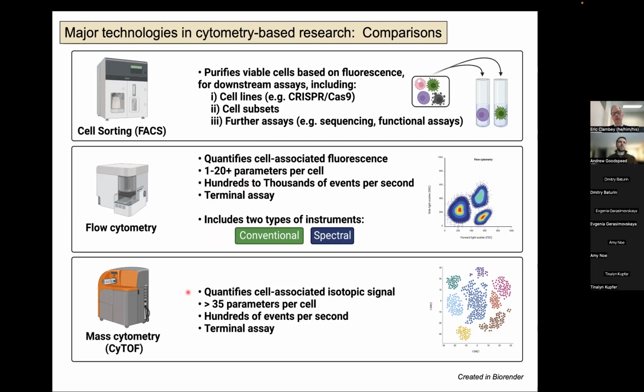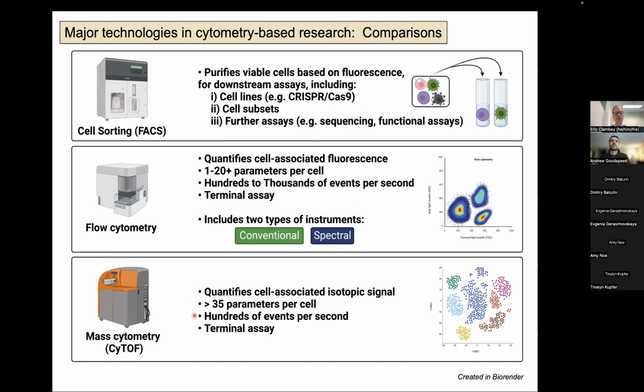And then the third technology is mass cytometry, or CyTOF, which again quantifies cell-associated isotopic signal. The real advantage of CyTOF is the ability to go extremely high dimensional. And these assays frequently are quantifying at least 35 parameters per cell.